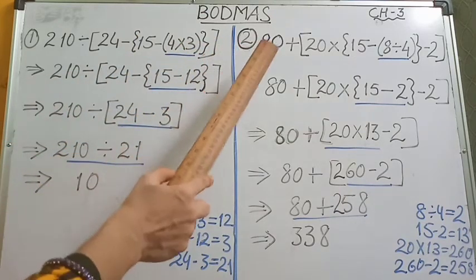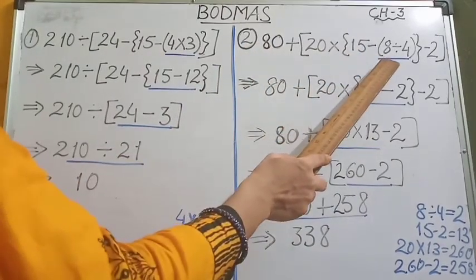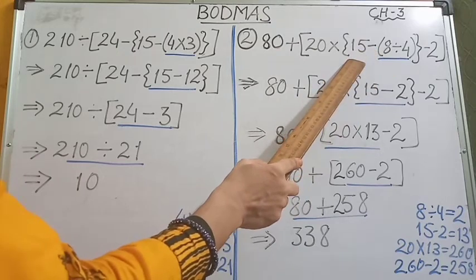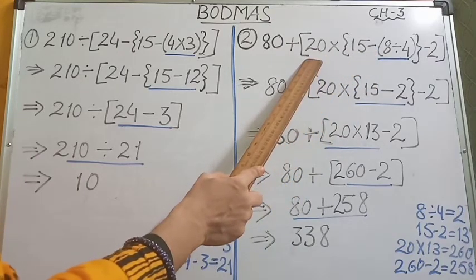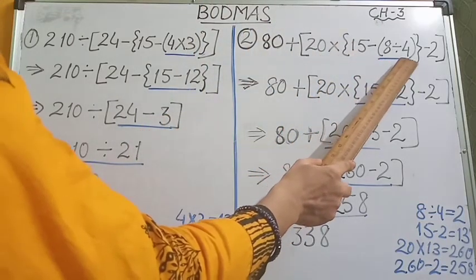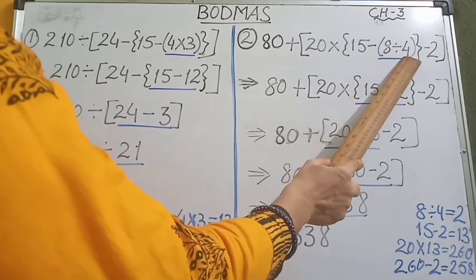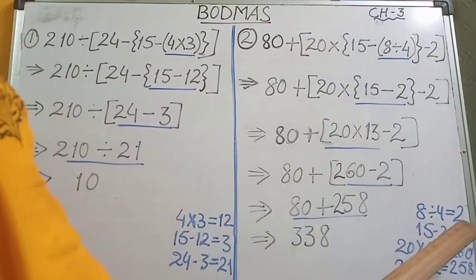Let's start the second question. In this question also you can see the common bracket is there, the curly bracket is there, the square bracket is there. So according to BODMAS rule, first we will solve the common bracket. In the common bracket you can see 8 divided by 4. So 8 divided by 4 is 2.